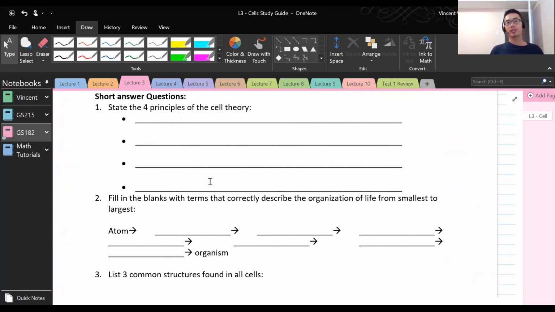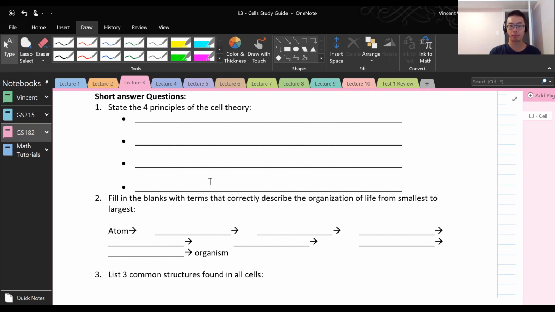Now, cell theory is one of those groundbreaking theories that has led to many other breakthroughs in science. By establishing the cell theory, people understood that there are actually things beyond what our naked eye can see.